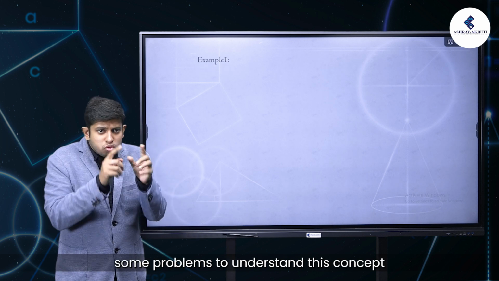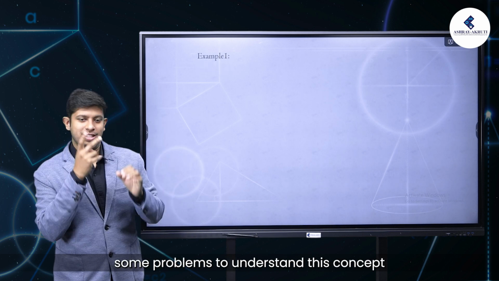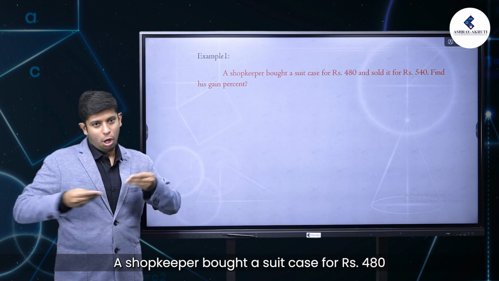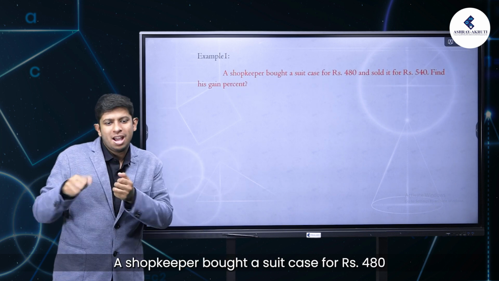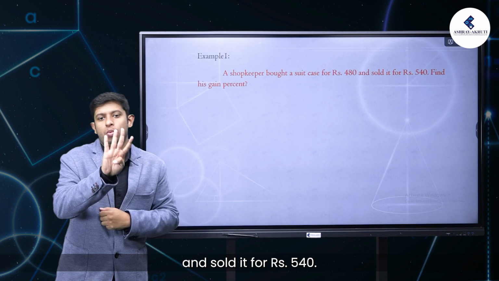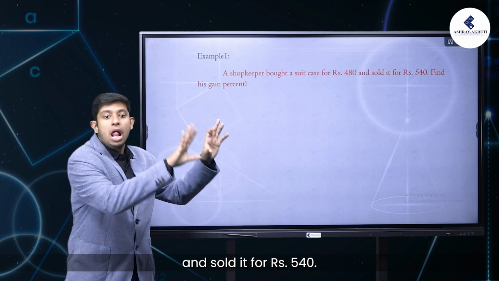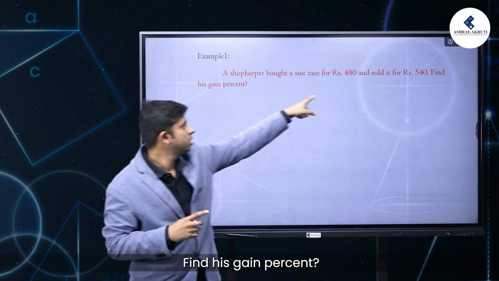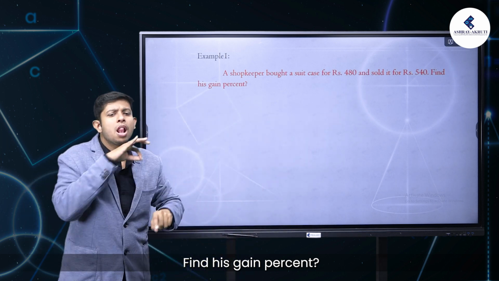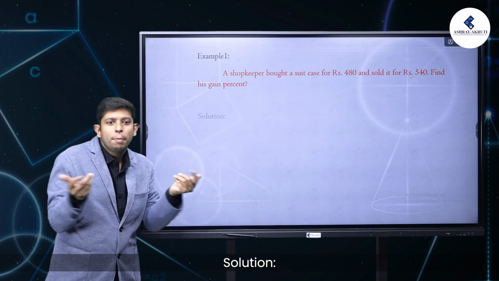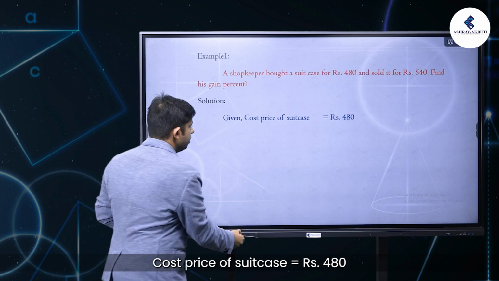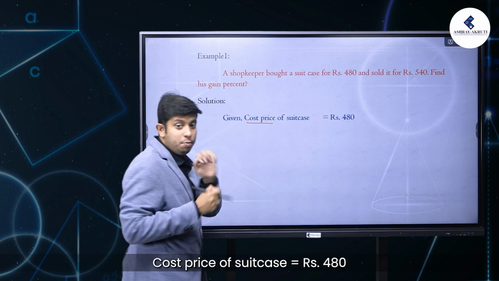Now we will solve some problems to understand this concept. Example 1. A shopkeeper bought a suitcase for Rs 480 and sold it for Rs 540. Find his gain percent. Solution. Given. Cost price of suitcase is equal to Rs 480.